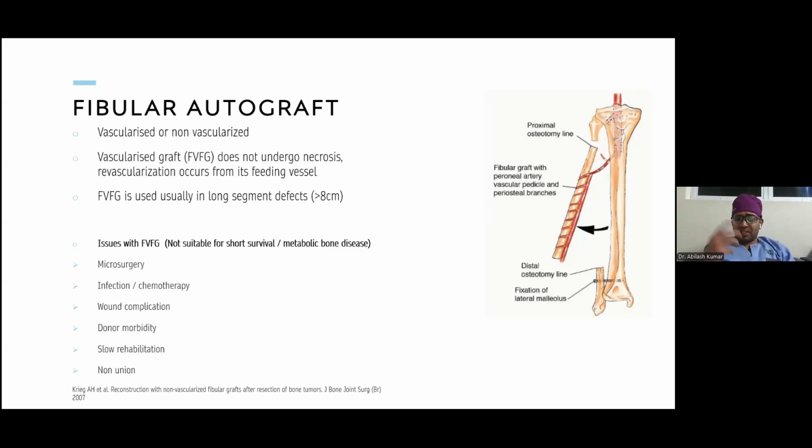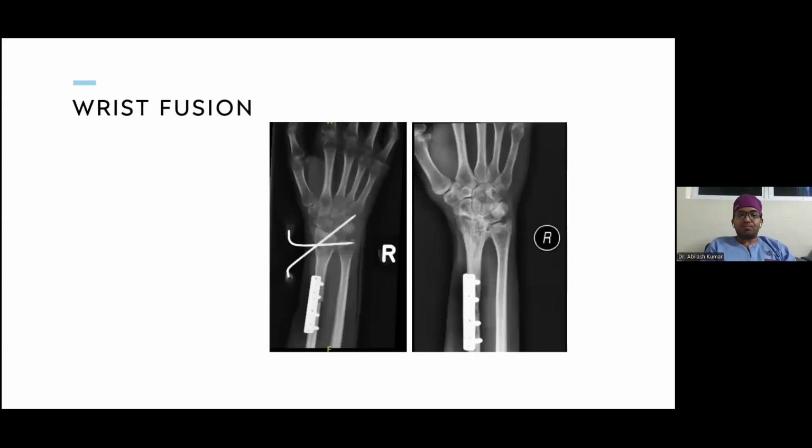Now, it does come with its complications: infection, post-chemotherapy wound complications, and donor site morbidity. The rehabilitation is always slower because we need to wait for the union at the graft site. And in some instances, we do end up with non-union.